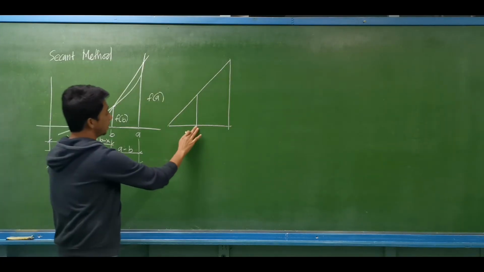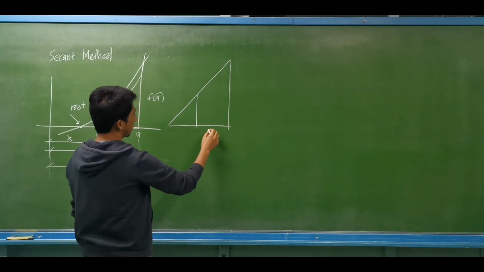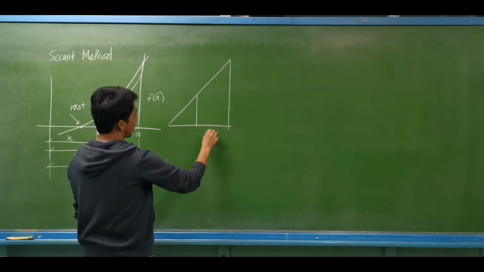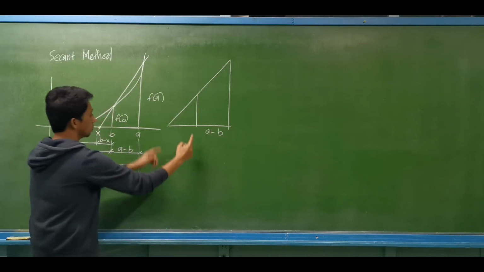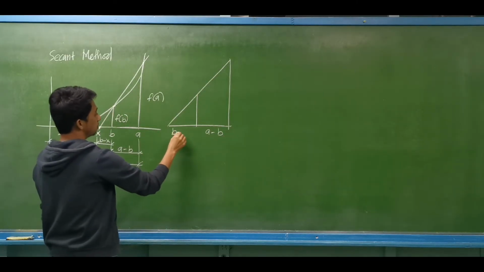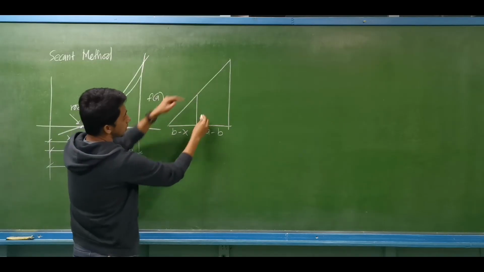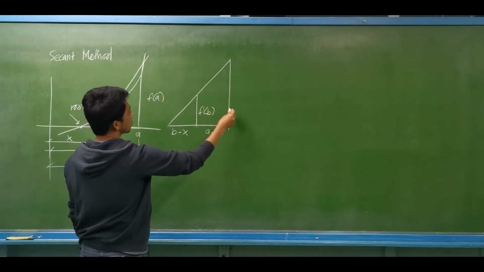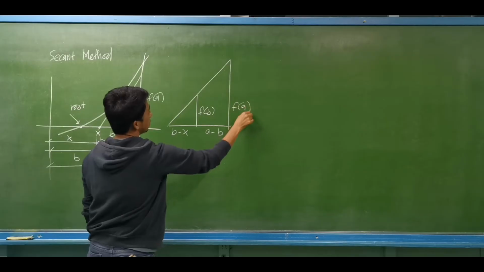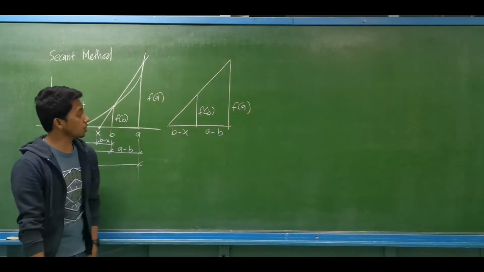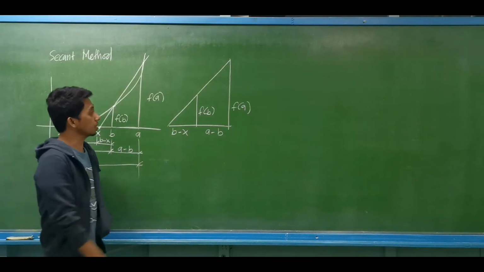Okay, so we have the dimensions. This distance is a minus b, this one is b minus x. This height is f of b, and this one is f of a. So we do ratio and proportion of similar triangles.